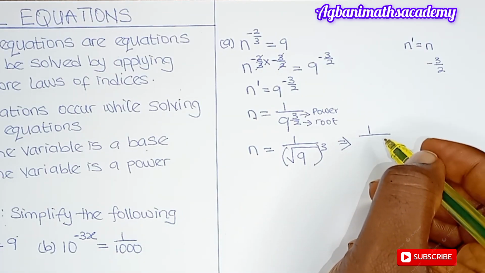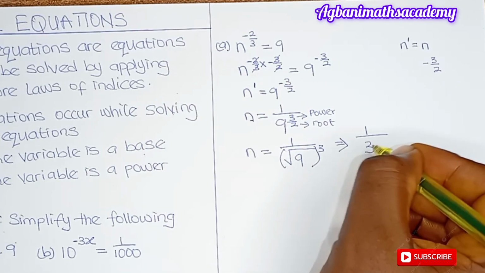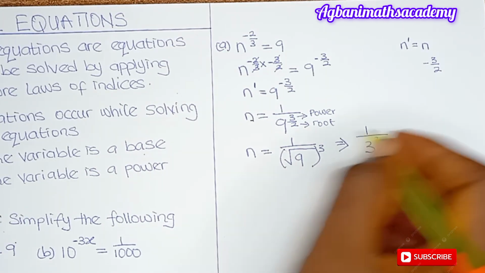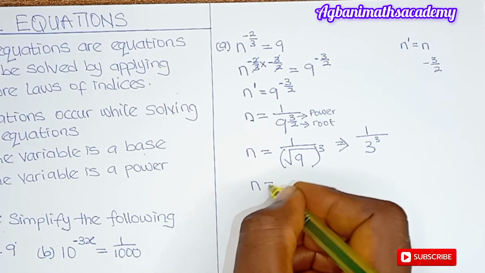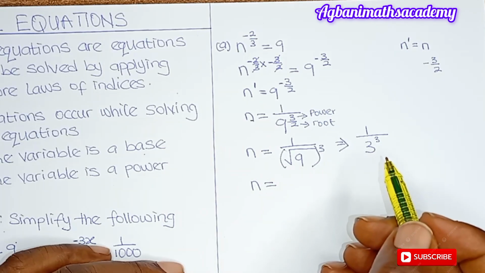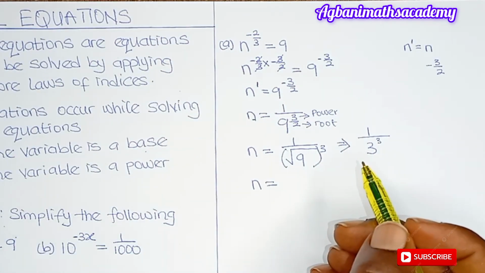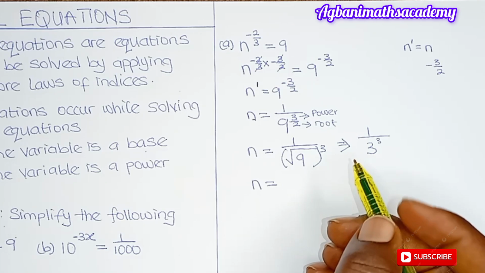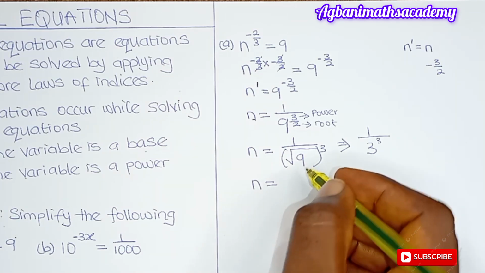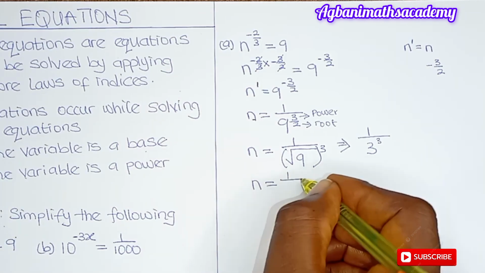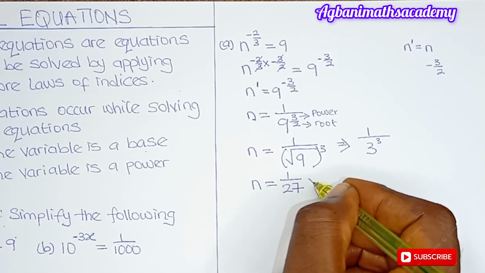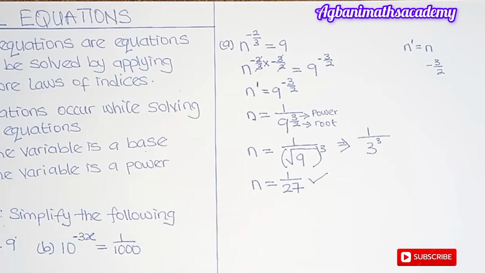The square root of 9 is 3. So we have 3 to the power of 3. Finally, 3 to the power of 3 is 3 multiplying itself 3 times. 3 multiplied by 3, 9. 9 multiplied by 3, 27. This means that n is equal to 1 all over 27. This is the simple answer to this question.